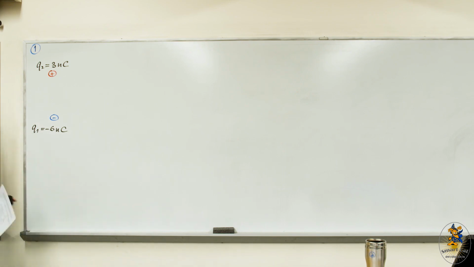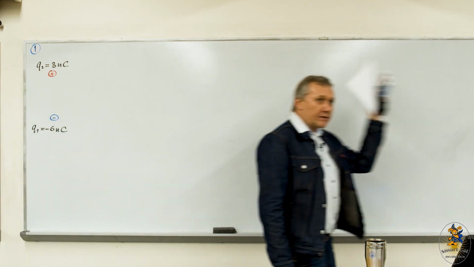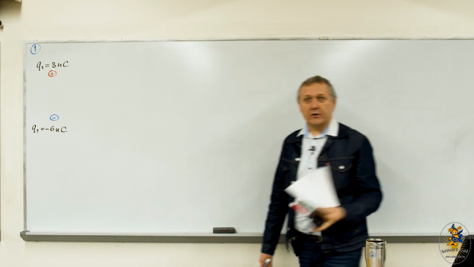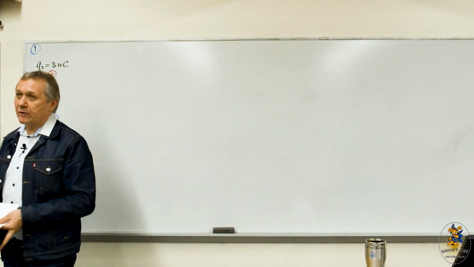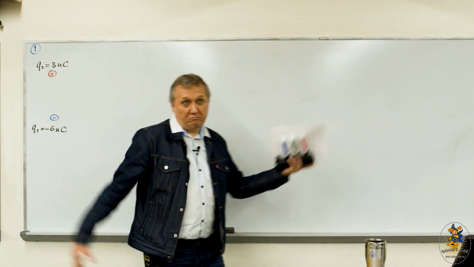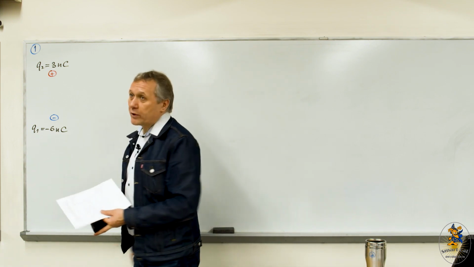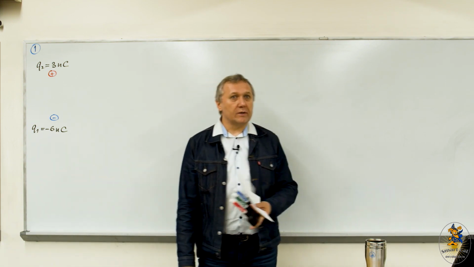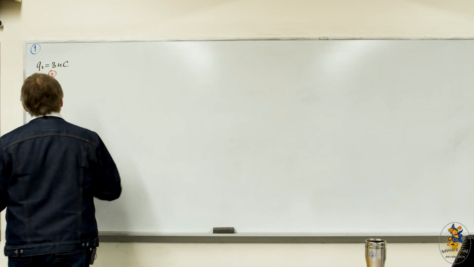And then, of course, the first charge creates its own electric field, and the second charge creates its own electric field. Of course, at every point there will be a superposition of 2 fields. So let's just pick any point and find the net electric field like we did in the first recitation class.